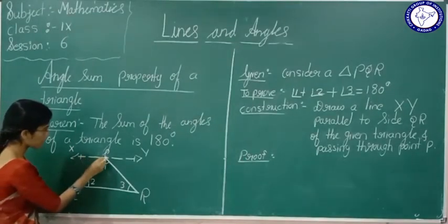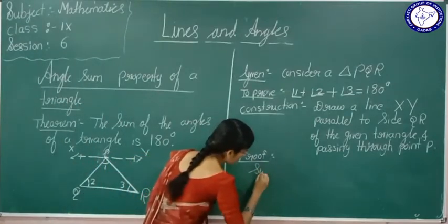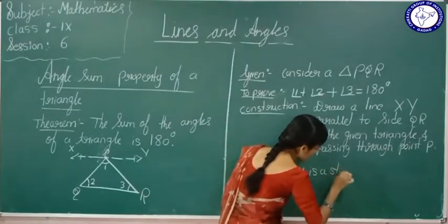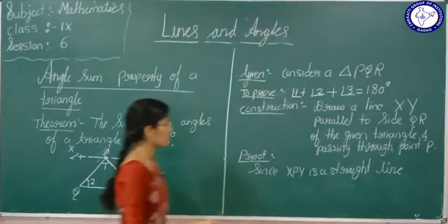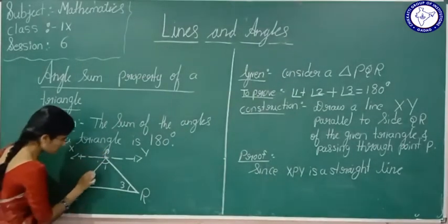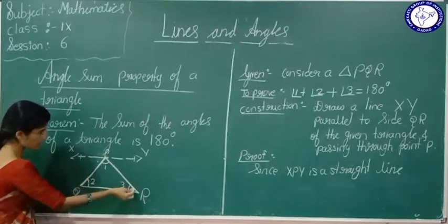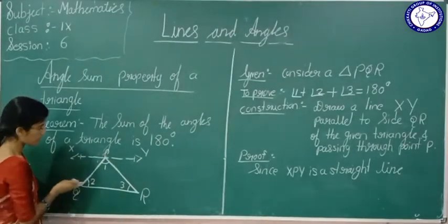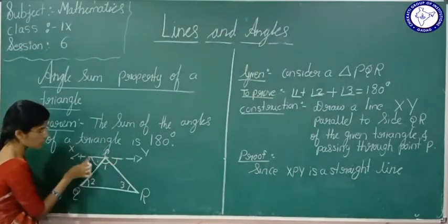Since XPY is a straight line, here XPY is a straight line, okay, and QP and RP are the rays standing on XY. We know that if a ray stands on a straight line, then the sum of the angles is going to be 180 degree.